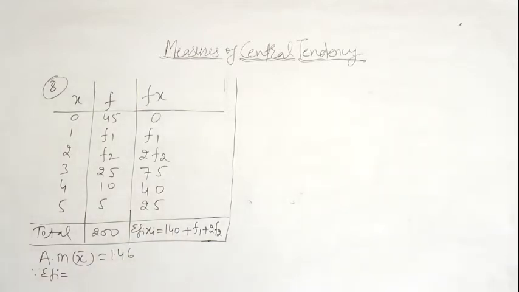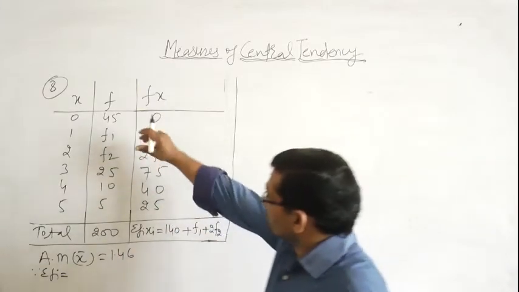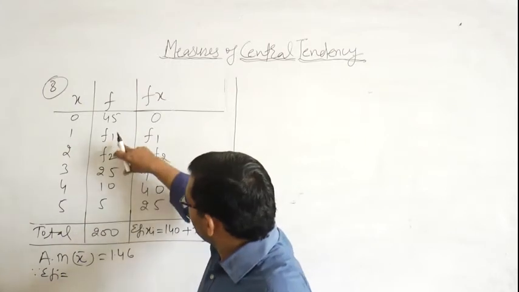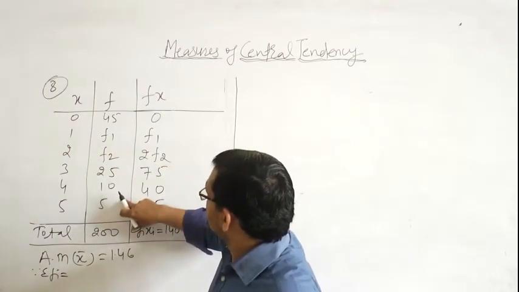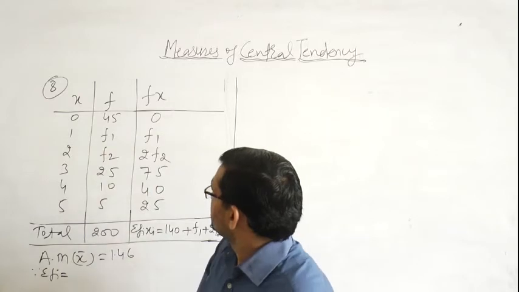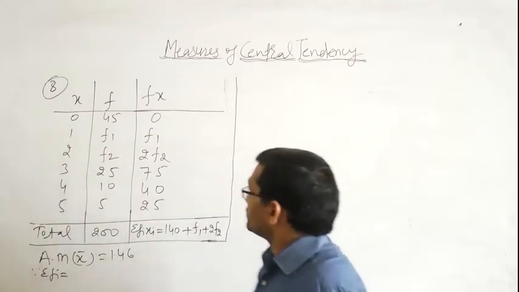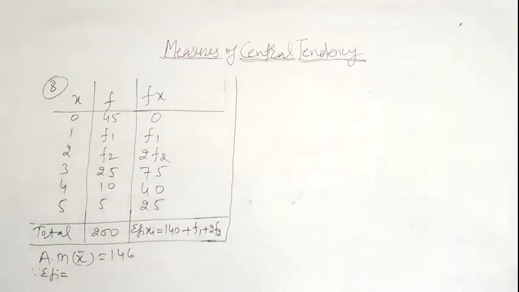It means sigma fi is f1 plus f2 plus 86.